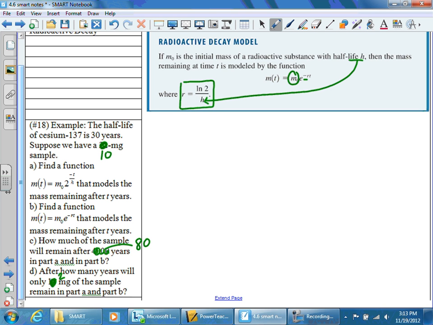All right, so let's do part A. Find a function that models the mass remaining after t years. And they told me the half-life. Okay, so my initial amount is going to be the 10.